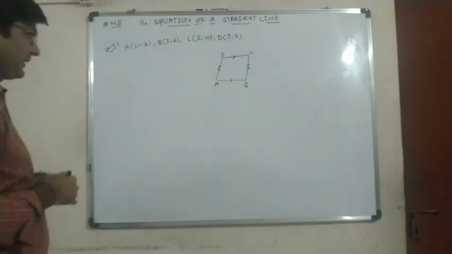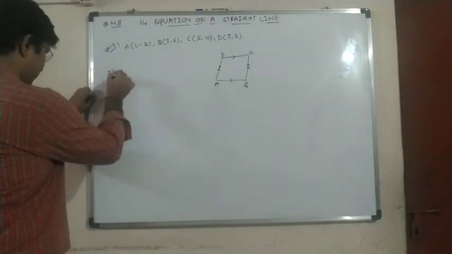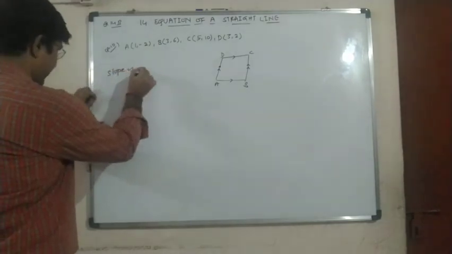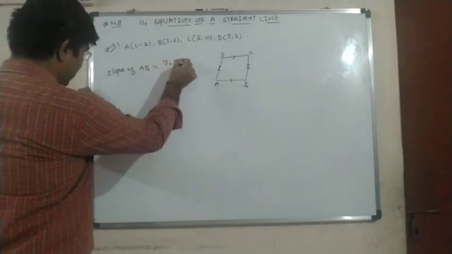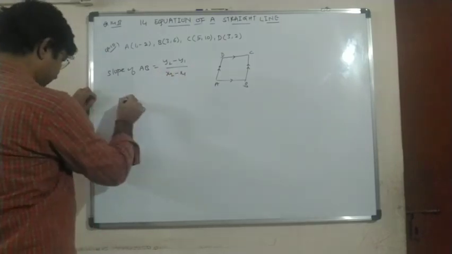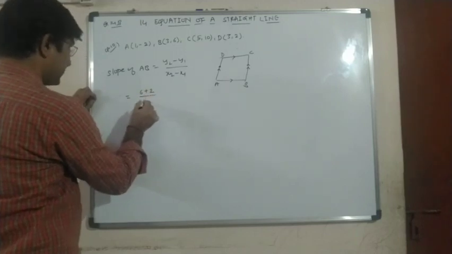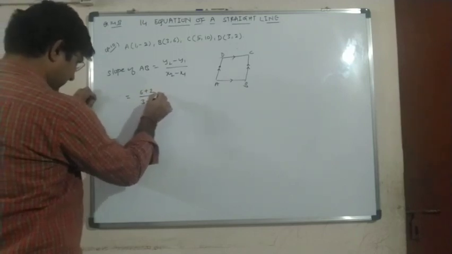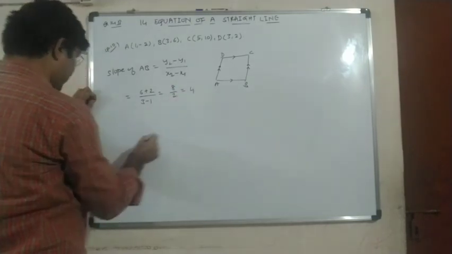Okay, so now let us find out the slope of the 4 lines. Slope of AB we will start with. We have the formula (y2 minus y1) upon (x2 minus x1), equals (6 minus -2), that is plus 2, and (3 minus 1), 6 plus 2, 8 by 2 is equal to 4.